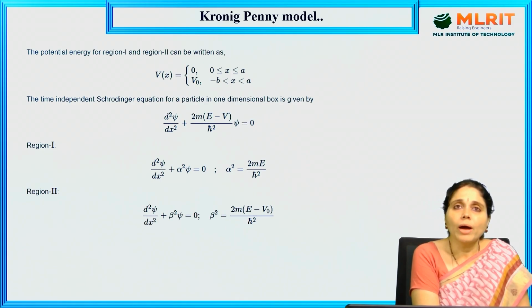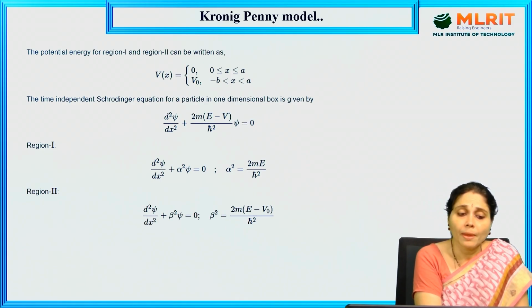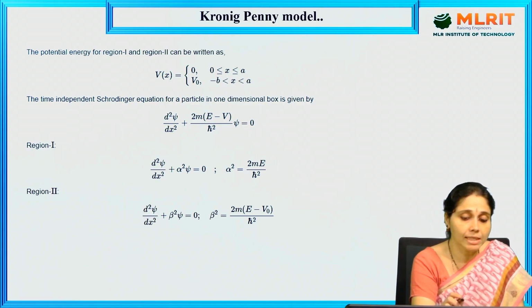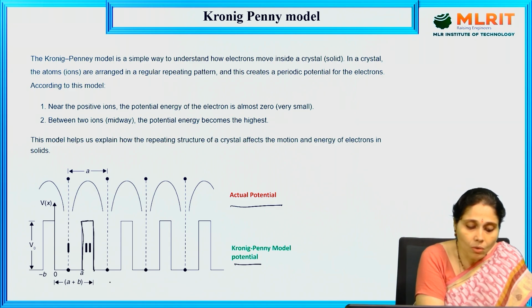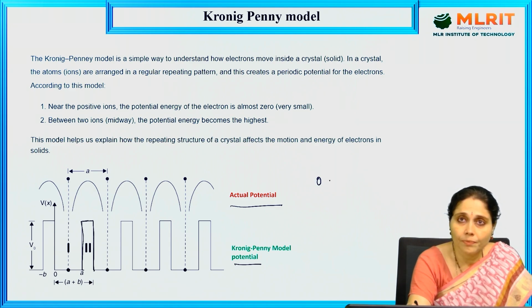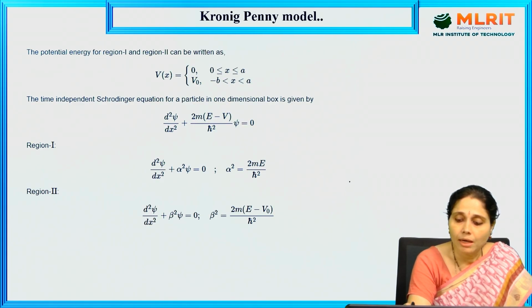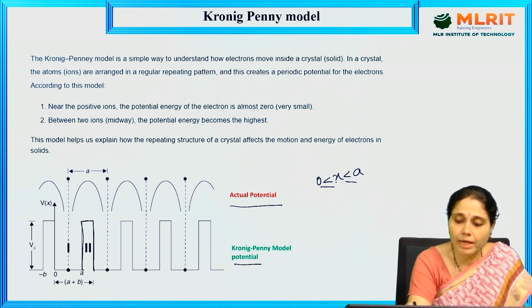Now, for a small derivation, the potential energy in region 1 and region 2 can be written as follows. V of x equals 0 for 0 less than or equal to x less than or equal to a.